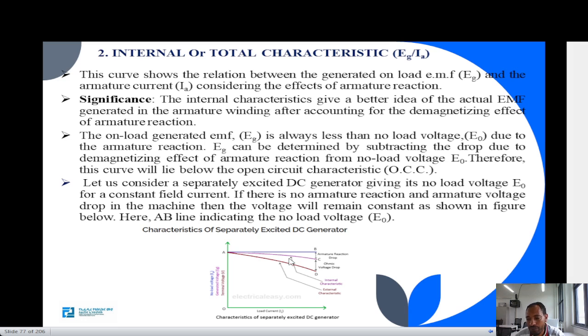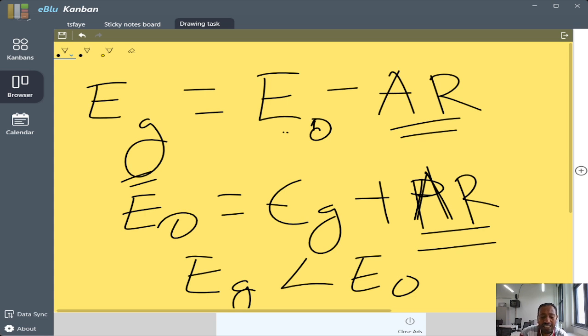So if we subtract the effect of this armature reaction, it will give you this internal characteristic curve. Like we have seen in our previous one, internal generated voltage is going to be the no load voltage minus armature reaction.